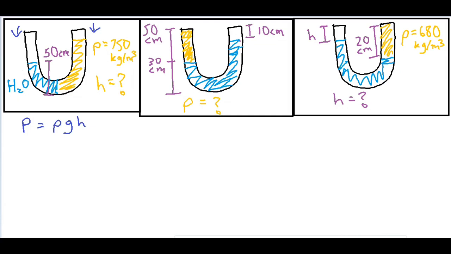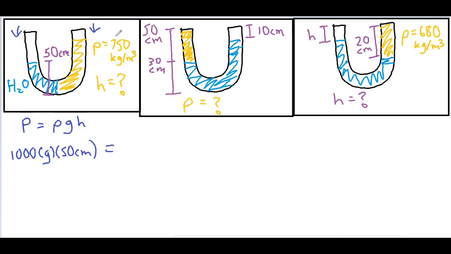So we have H2O on this side. We know the rho for water is 1,000 kilograms per meter cubed times our constant g times a height of 50 centimeters.